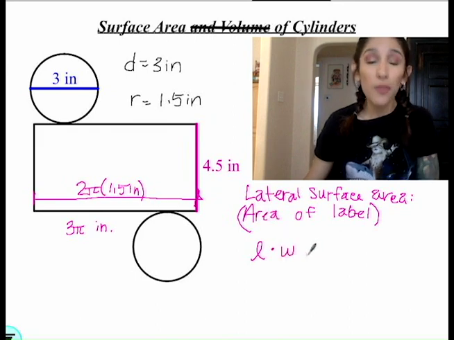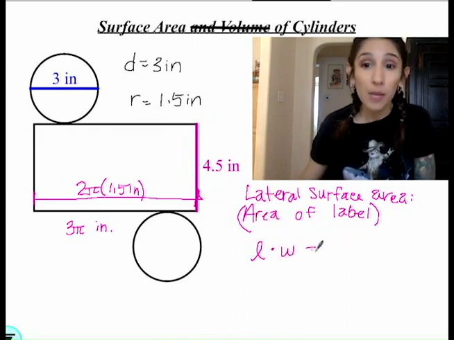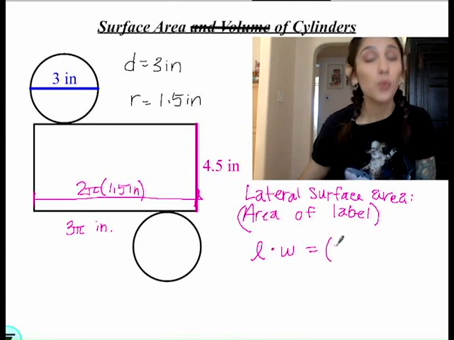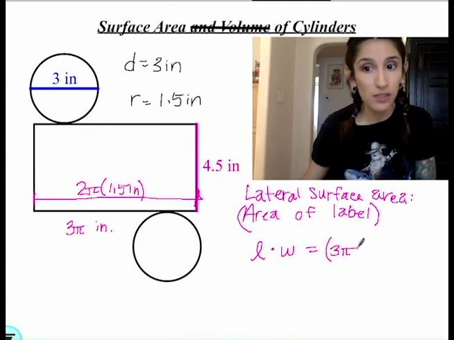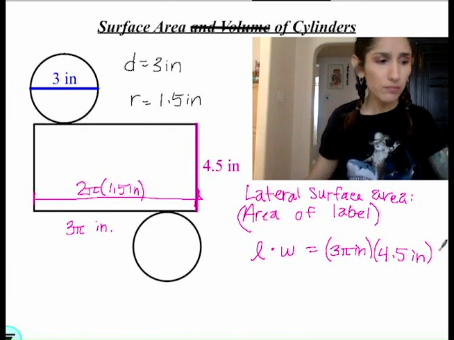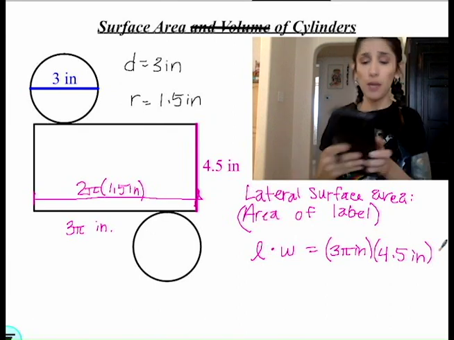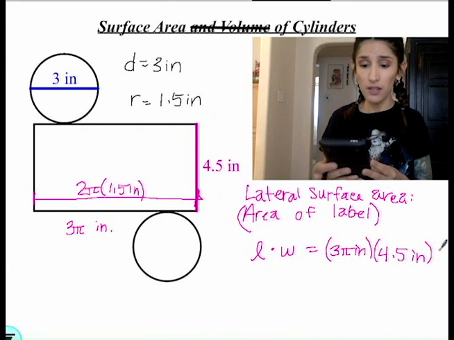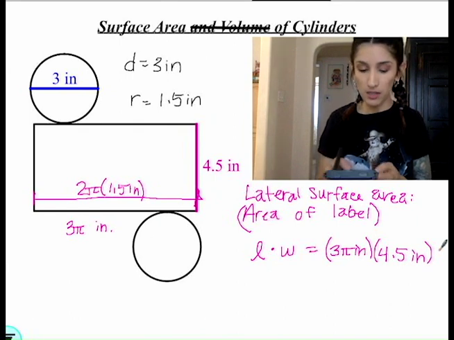In our case, the length was 3 pi inches, and the width was 4.5 inches. So I'm going to put these into my calculator. I'm going to get us an approximation here. 3 times pi.